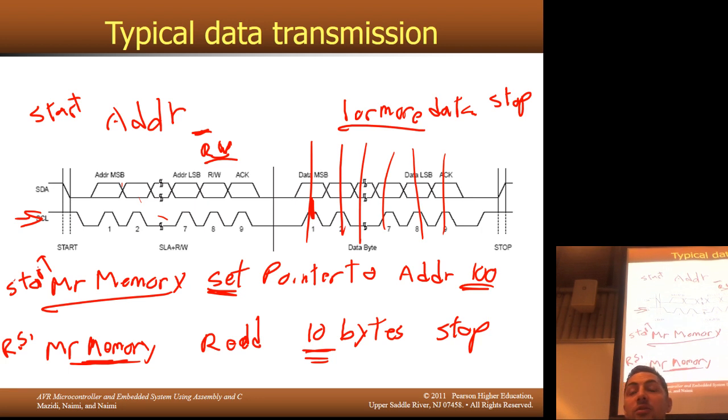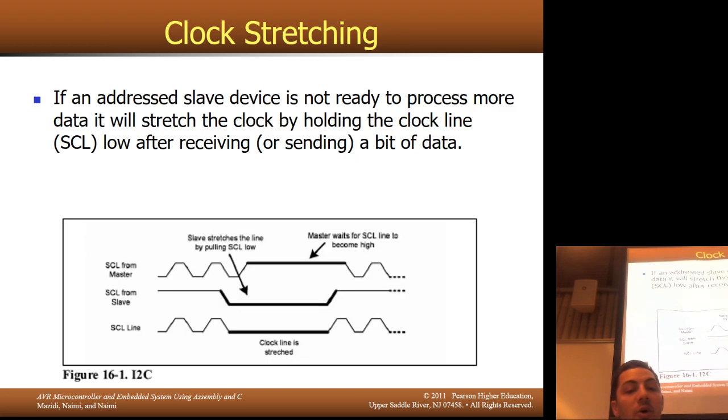So what do you do if you're the slave device and you need more time? You have to hold the clock low. You have to hold the clock low because you can't hold it high. There's no way to hold anything in this I2C system high. So what you do, here's what the master's trying to do.